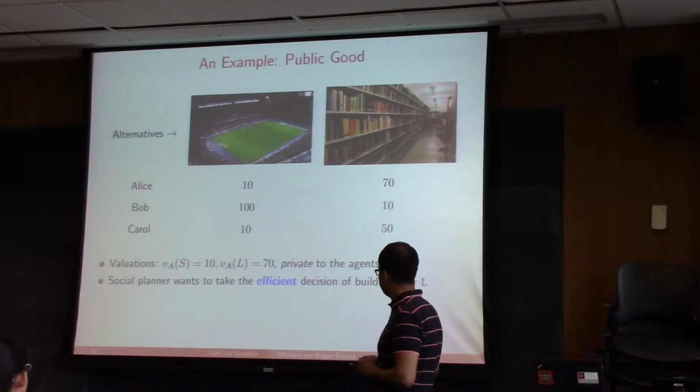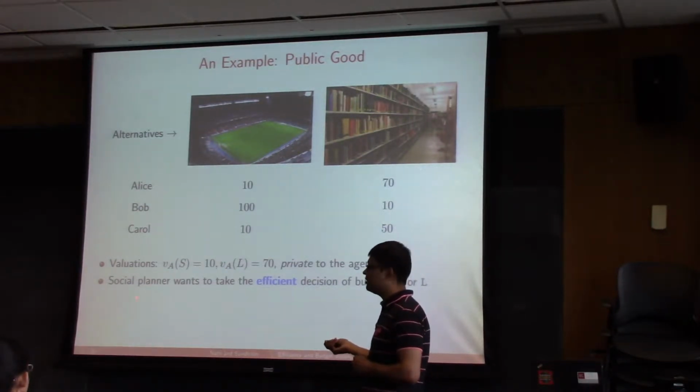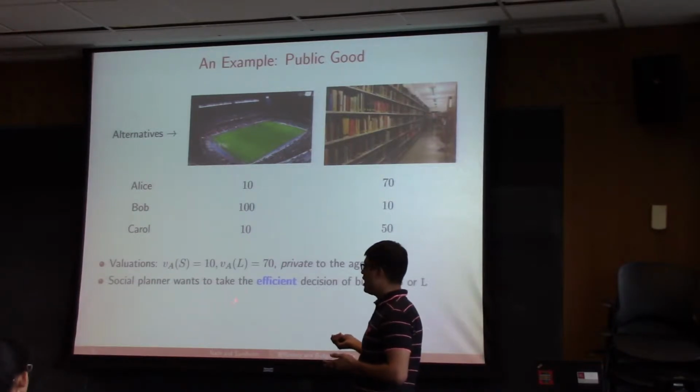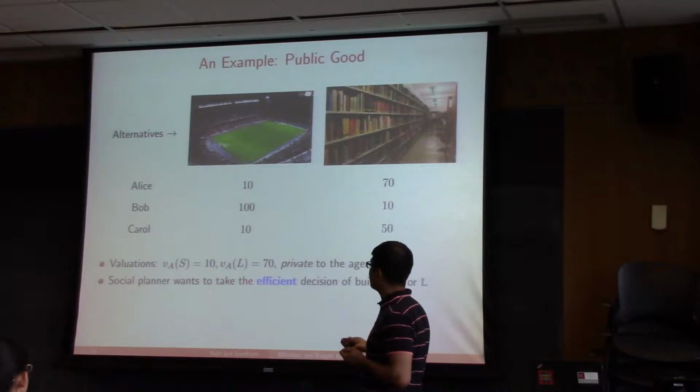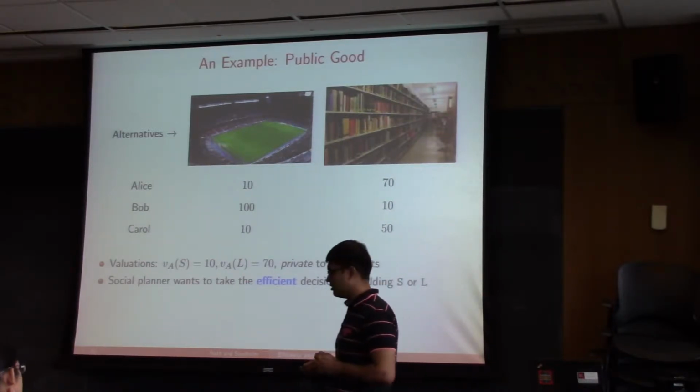But the problem here is the social planner wants to take a decision about which he does not know anything. For example, these numbers are private to the agents, but the designer does not know anything about that.